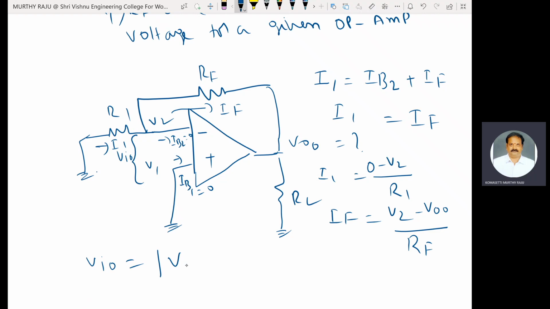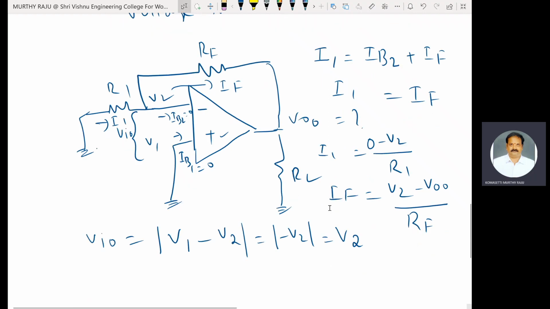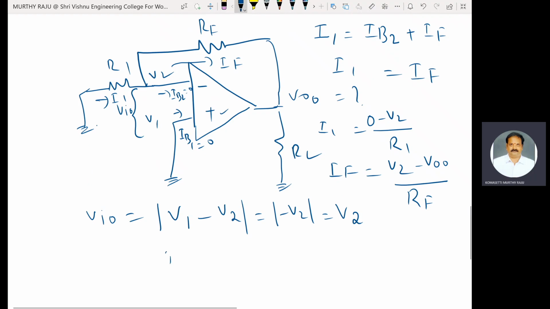That is the reason we use the modulus of V1 minus V2. V1 is the voltage applied to the non-inverting terminal, that is the plus terminal of the op amp, and V1 is equal to 0. Therefore, the input offset voltage is nothing but V2 in magnitude.